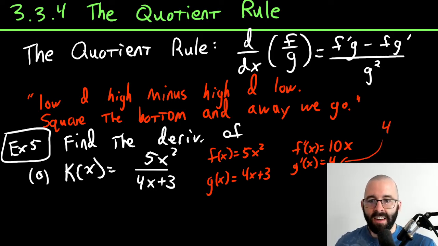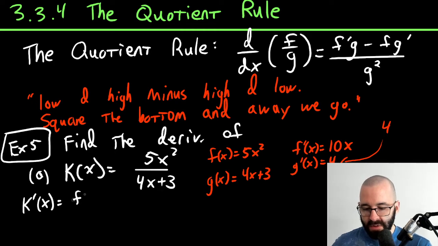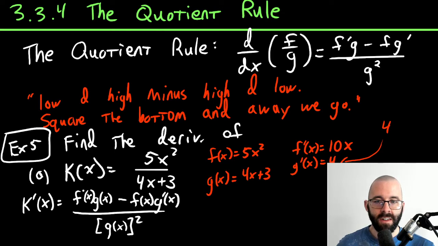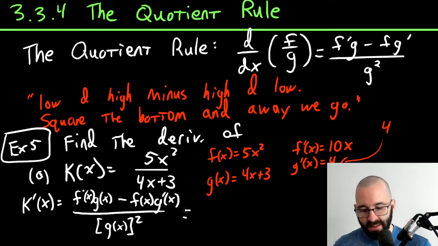Okay. And now we just use the formula. So k prime of x equals low d high minus high d low, square the bottom, and away we go. And now we just replace. f prime of x is 10x times g, which is 4x plus 3.